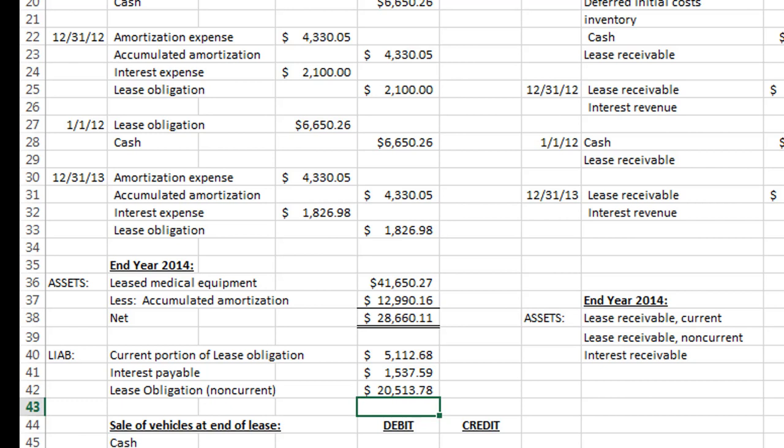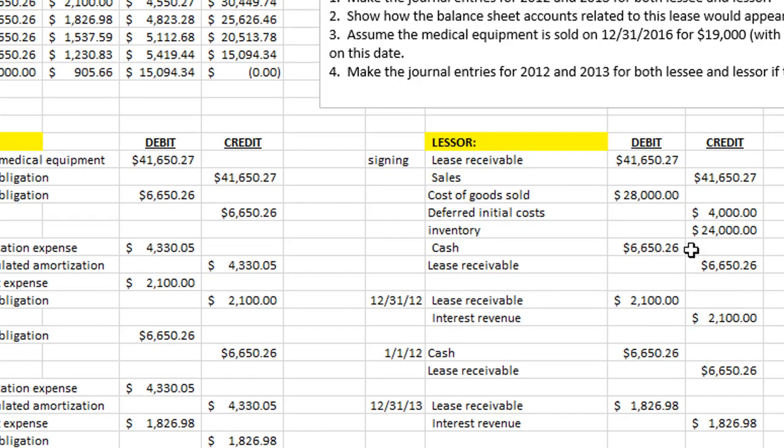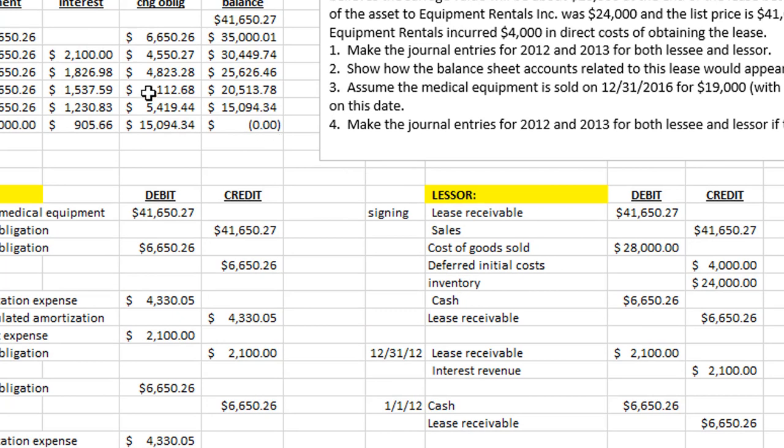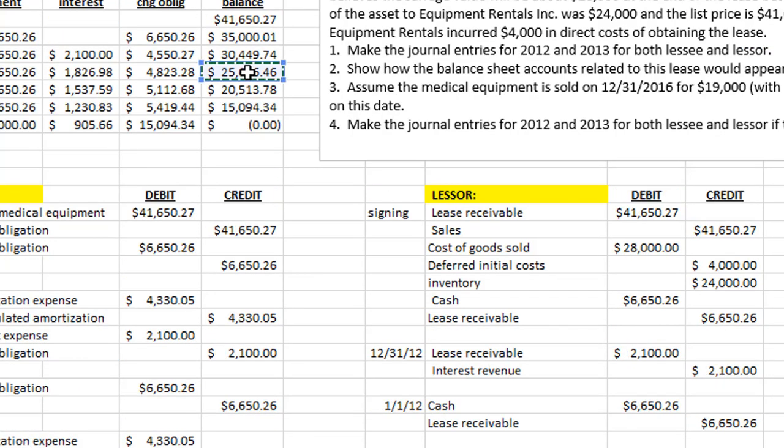All right, so let's do that same thing now for the lessor. What are they going to have on their balance sheet in 2014? They're going to have the current portion of the lease receivable, which is going to be the portion that they're going to get in 2015. The lease receivable non-current is going to be what's on the balance sheet minus the piece that's in current.